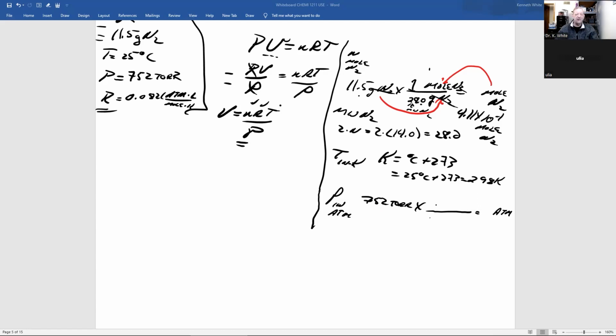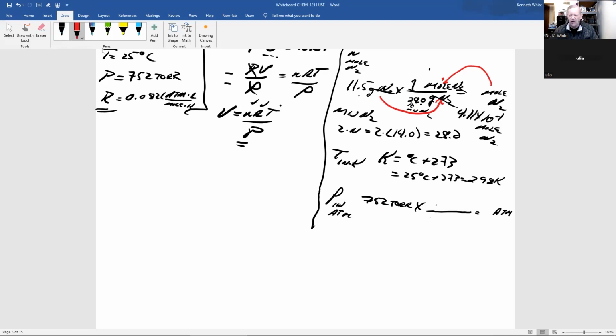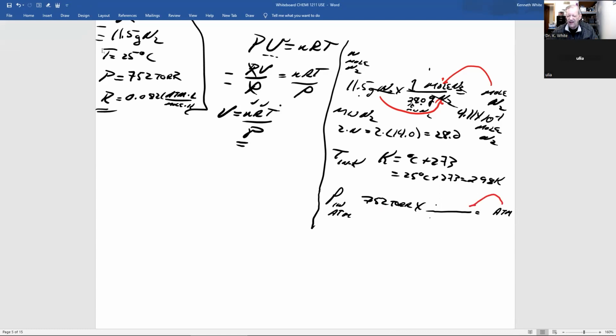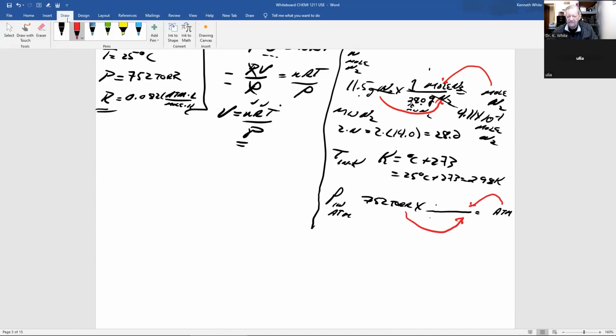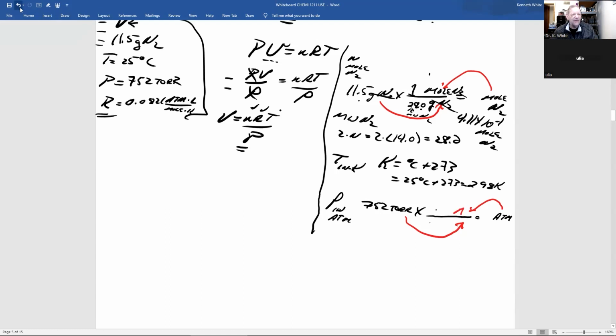I see someone use their good buddy, their good friend, unit analysis. And I'm going to use it. When you use unit analysis, whatever you're trying to get to goes on top of the ratio. Whatever you're trying to get rid of goes underneath. And I'll write that. Not in red, though.